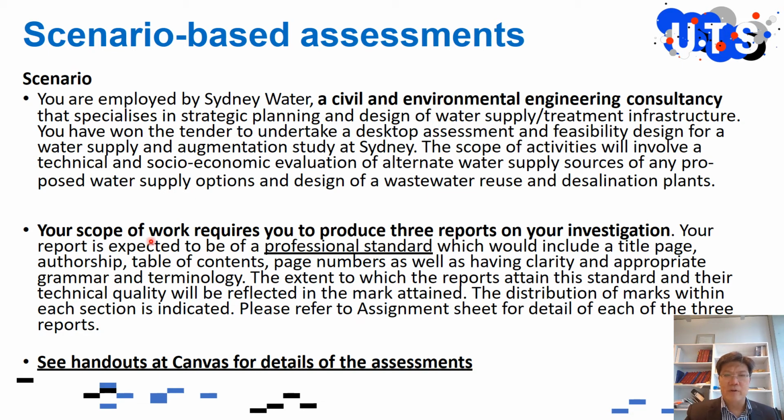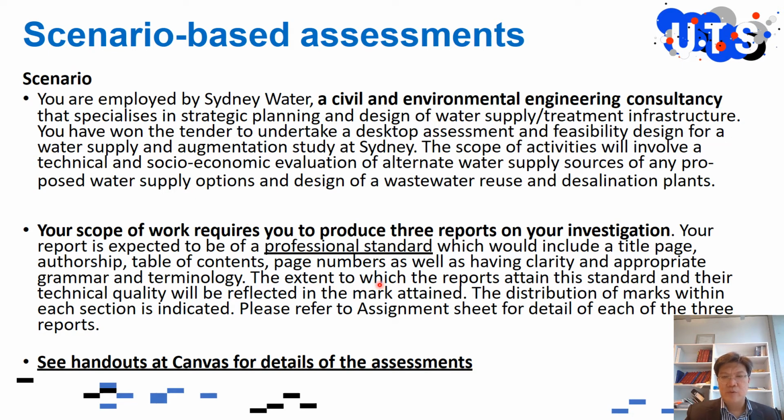Your scope of work requires you to produce 3 reports on your investigation. Your report is expected to be of professional standard, which would include a title page, authorship, table of contents, page numbers, as well as clarity and appropriate grammar and terminology.